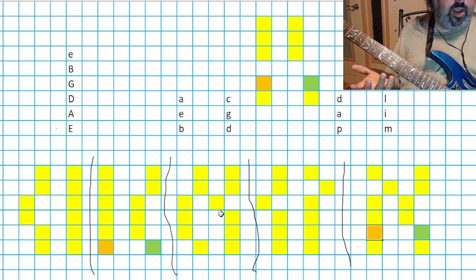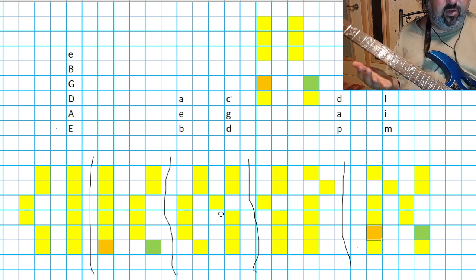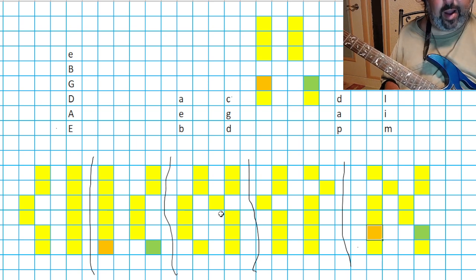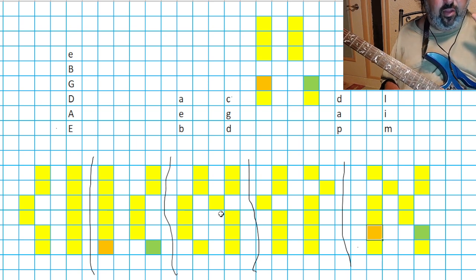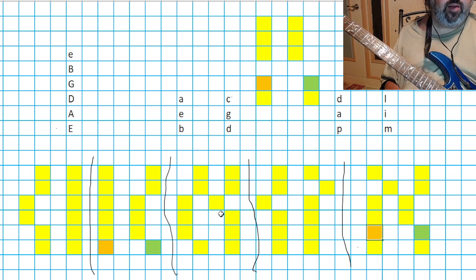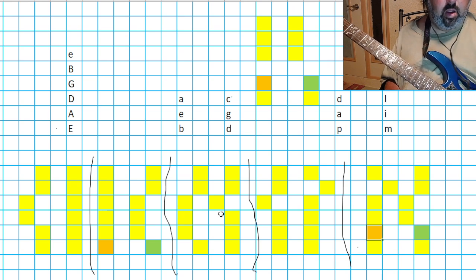So you could quickly grab into any of these modal ideas just using pentatonics, and the only notes that you're missing, these two notes, are your half steps. And those are the juicy notes and the character notes of these modes. So you are missing something, but you can get away with any modal playing just by knowing this.